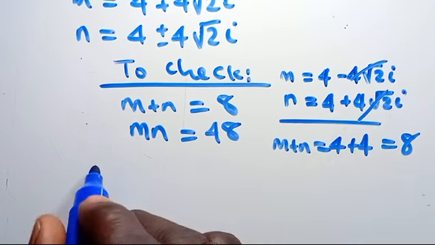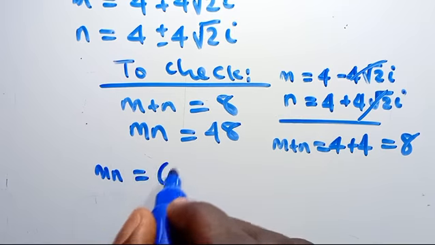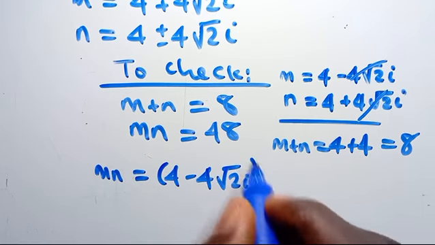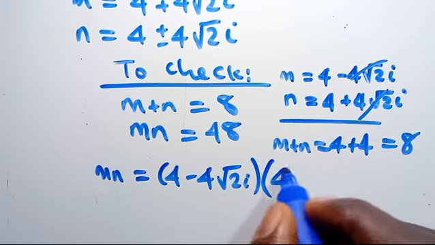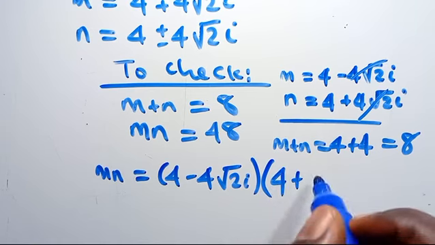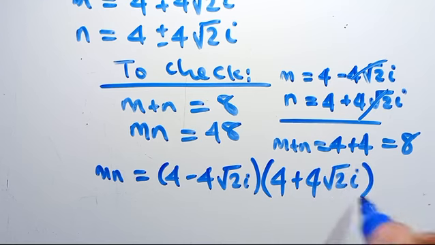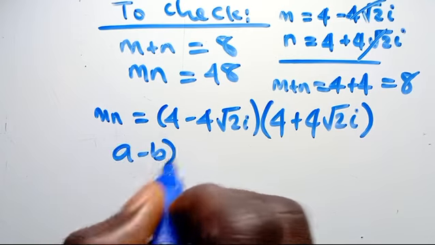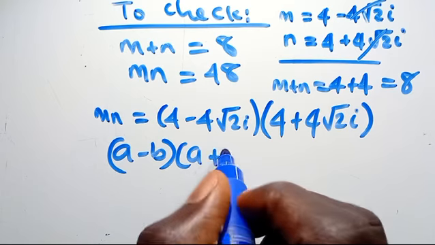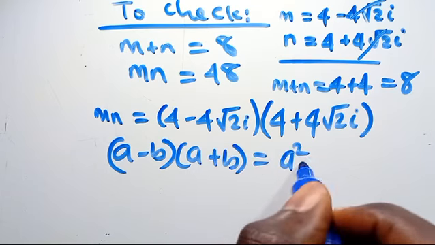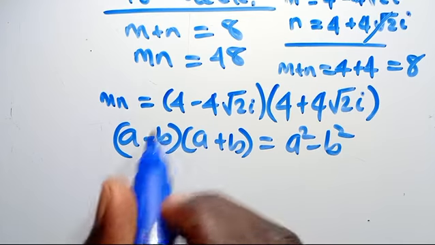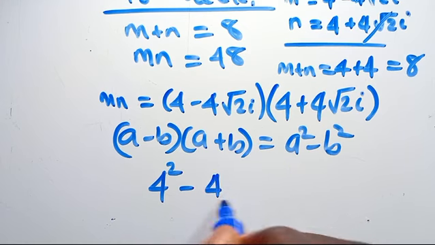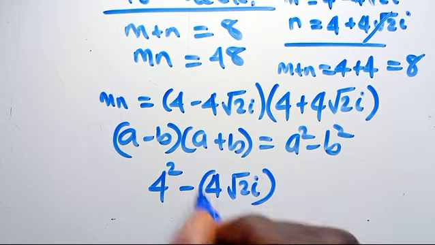The multiplication of it, mn will be equals 4 minus 4 multiplied by root 2i times 4 plus 4 multiplied by root 2i. Then let us now recall that a minus b times a plus b equals a squared minus b squared. Now here will be 4 squared minus our b, which is 4 multiplied by root 2i, all squared.